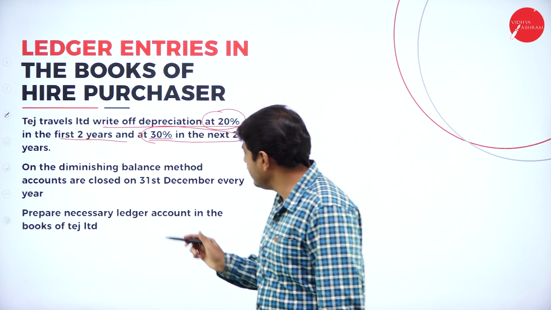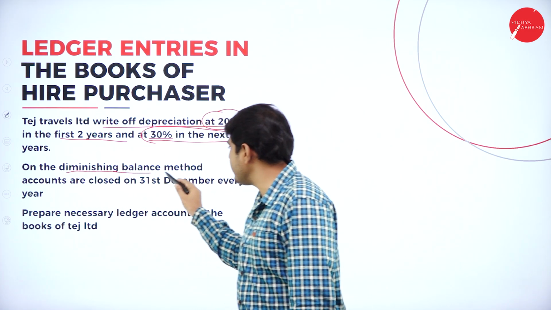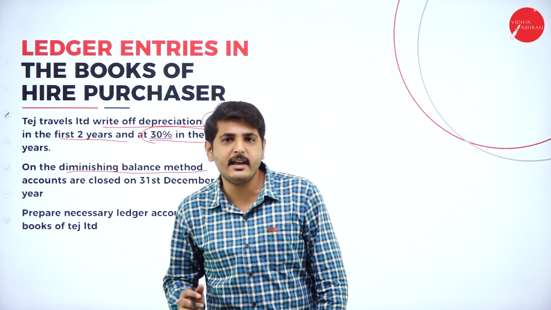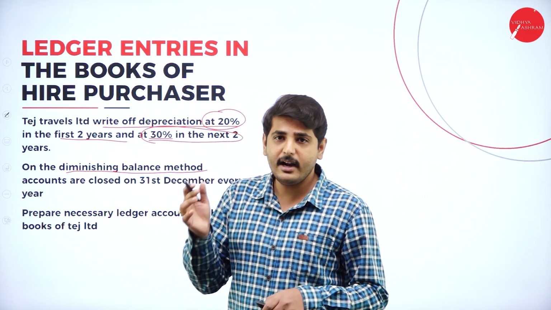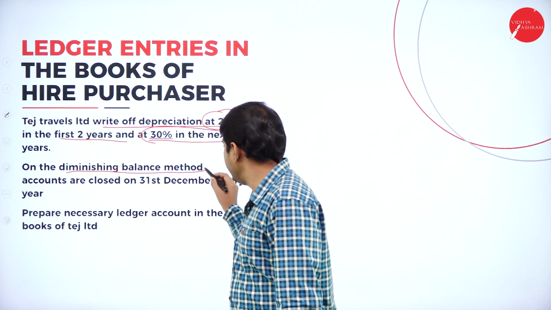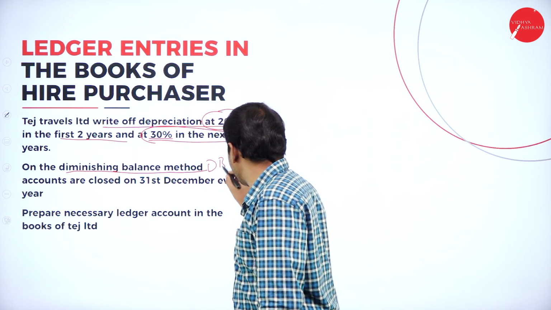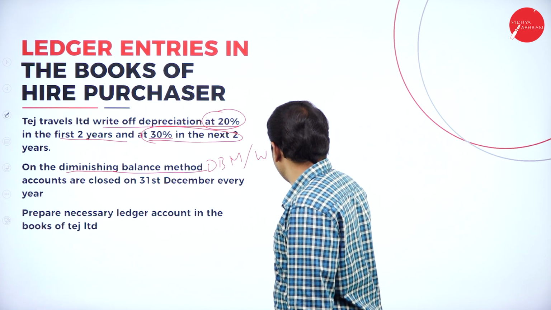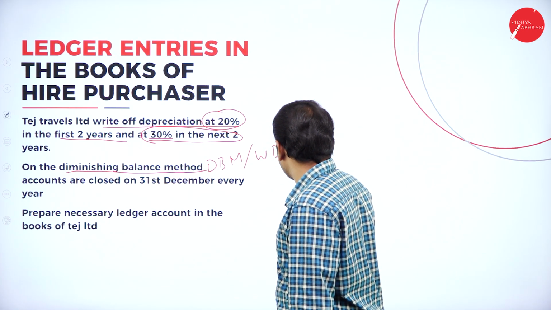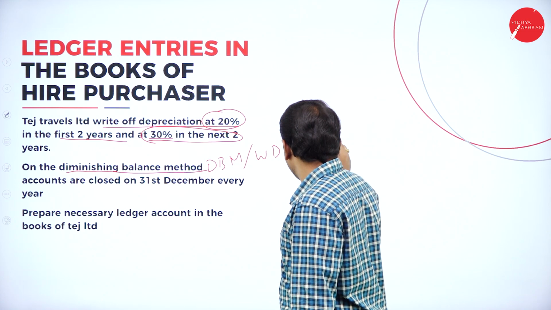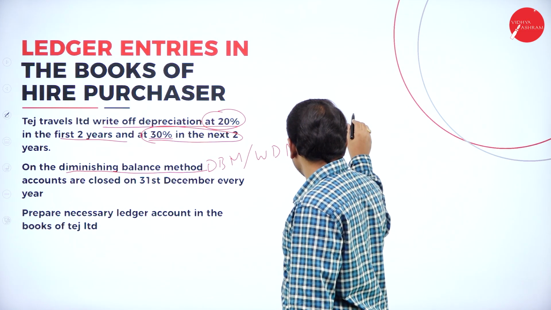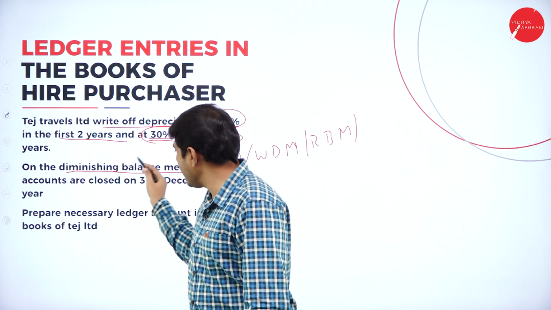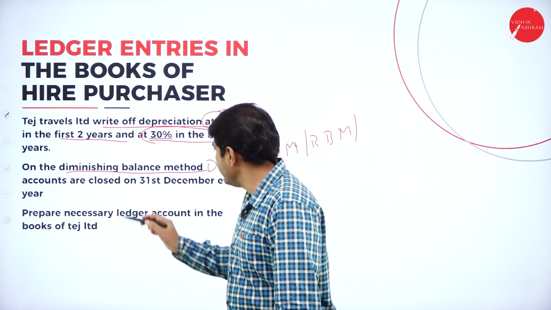On which method? On diminishing balance method. See, diminishing balance method, written down value method, reducing balance method, all are the same. So on which method do we calculate the depreciation?